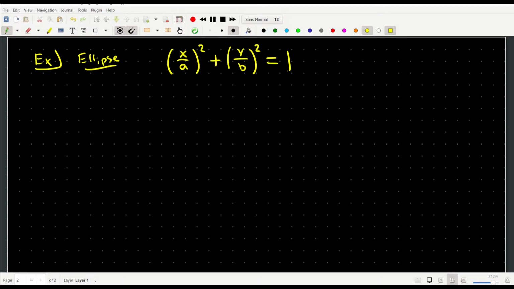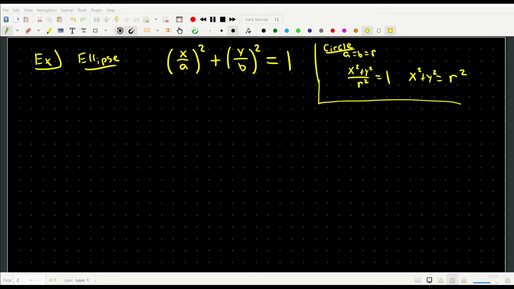You can see how it relates to a circle. If a is equal to b is equal to r, then this equation right here reduces to x squared plus y squared over r squared is equal to 1, or x squared plus y squared is equal to r squared, which is our standard equation of a circle from trigonometry.